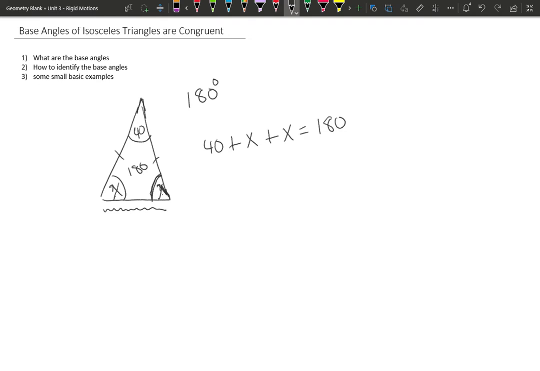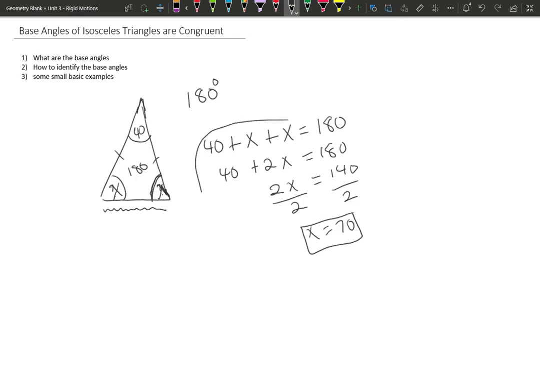All right, so this is just an algebraic equation. Maybe that will click with some of you. We could solve that, and you'll get 40 plus 2x is equal to 180. Minus the 40 on both sides, and you get 2x is equal to 140. I'm getting ahead of myself there. Now divide by 2 on both sides, and you get 70. So each of those angles is 70.